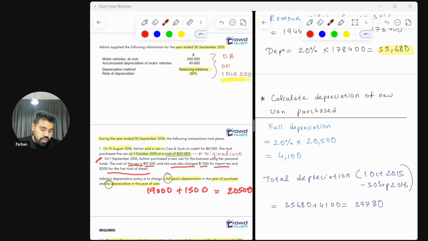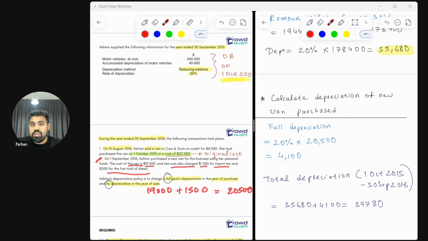But what about the first tank of diesel? The first tank of diesel is basically the running costs for this vehicle. This isn't adding any value to the vehicle itself, right? So therefore, the total cost of this asset is the purchase price of $90,000 plus $1,500 of import tax, which basically gets this vehicle ready for use to be driven on the roads.